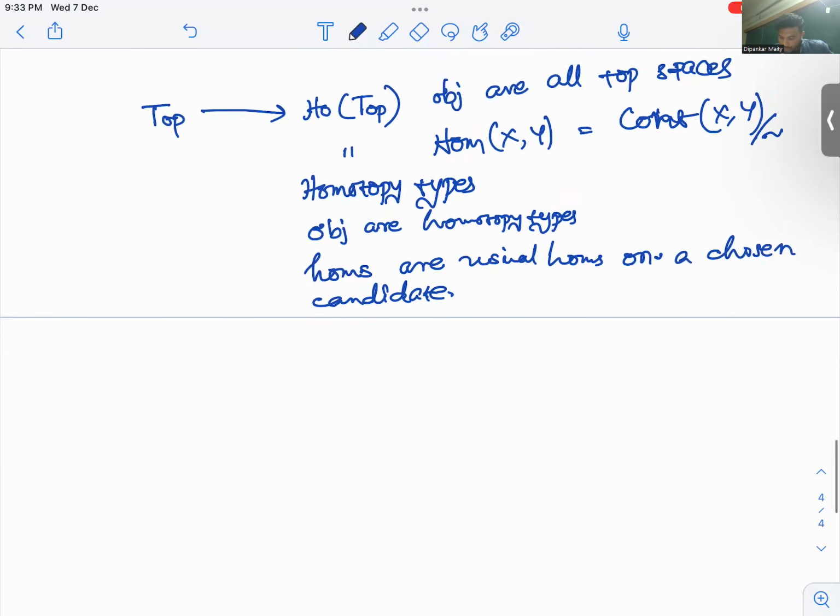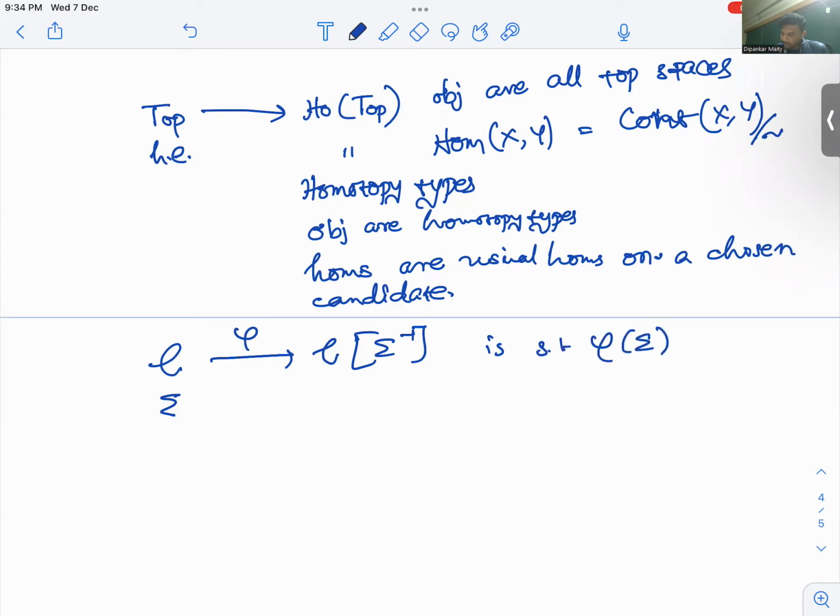And if you recall from lecture 1, there was this discussion about localization of categories, which mimics this concept for arbitrary categories. So if you are given a category C with a class of morphisms sigma, which in this case was homotopy equivalences, you can think of a category C of sigma inverse, denoted C[sigma^-1], where you have formally inverted all morphisms in sigma. So phi is such that phi of sigma are isomorphisms.